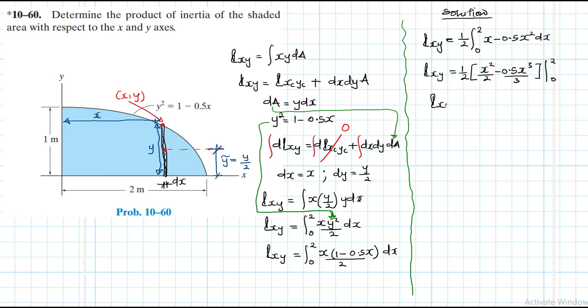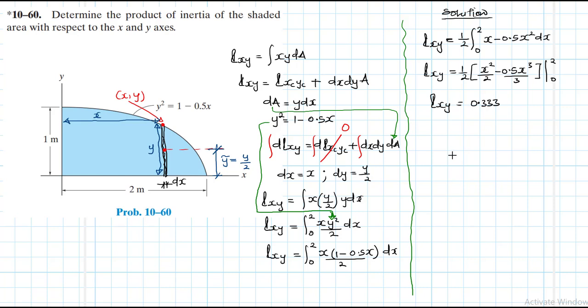And if we do our evaluation, grab your calculator, you're going to have 2 squared, that's 4 divided by 2, minus 0.5 times 2 to the power 3 divided by 3, and then times half, or divided by 2. So that becomes 0.333.